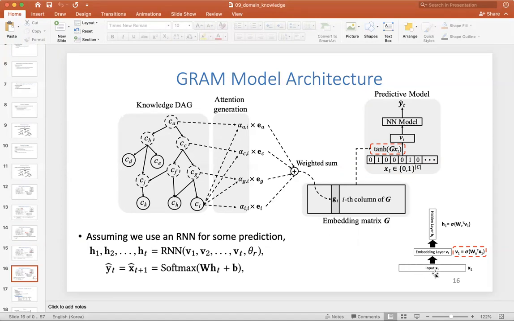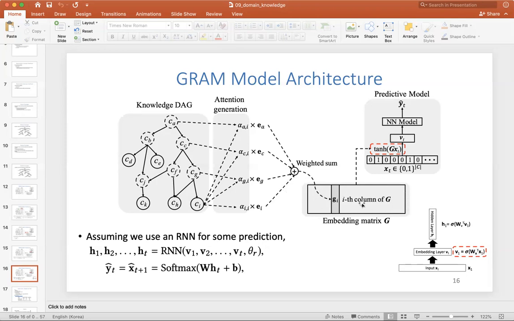So typically what we did to embed that into the RNN in the previous lecture was that you just take that multi-hot vector, multiply it by some weight matrix, derive the visit representation vector V, and then push it into the RNN. That was what we did. But here now, instead of using W_X, we are using the G matrix, the embedding matrix.